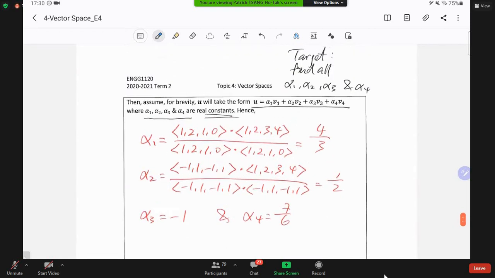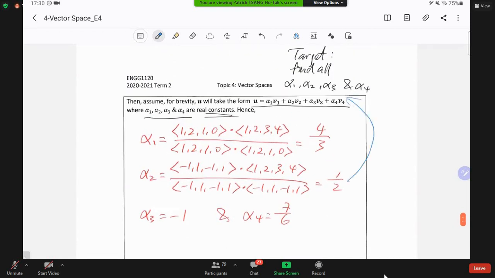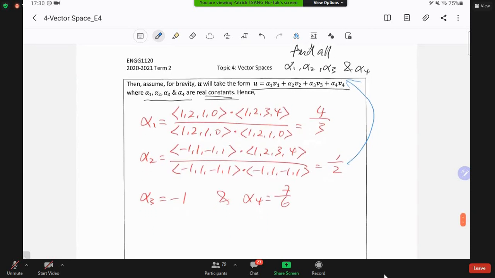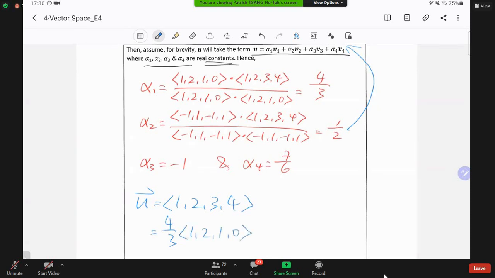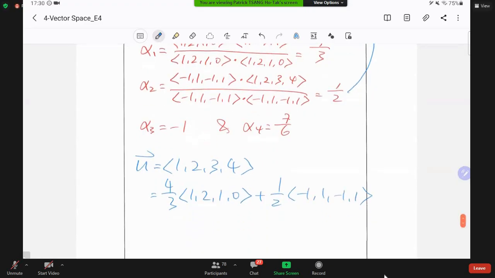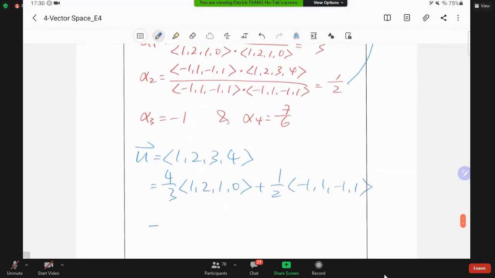So now the next job is to plug those constant terms, alpha 1, alpha 2, alpha 3, and alpha 4, back into the expression for the linear combination. So we have vector u equals 1, 2, 3, 4, given by the question, which can be written as 4 divided by 3 times the first vector 1, 2, 1, 0, plus half times the second vector, negative 1, 1, negative 1, 1, minus alpha 3 is negative 1.